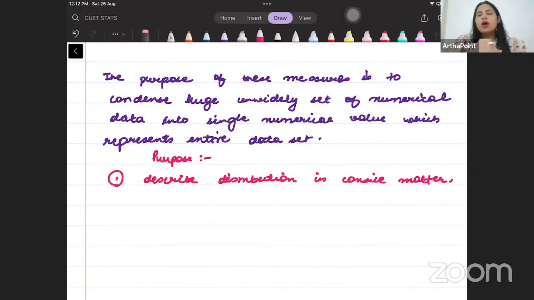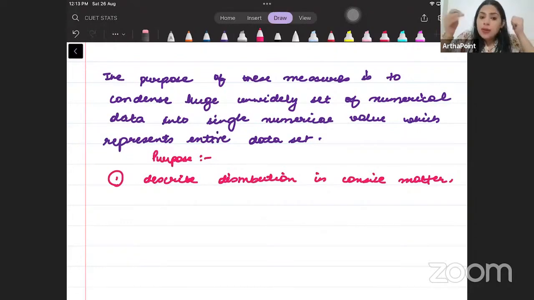But suppose now I tell you that I have two sections of students and I want to compare these sections as to which section is performing well. What can I do? I can do something which is known as a comparative study. So I can find out the average marks of the first section, the average marks of the second section, and then I can compare which section is performing well, right?